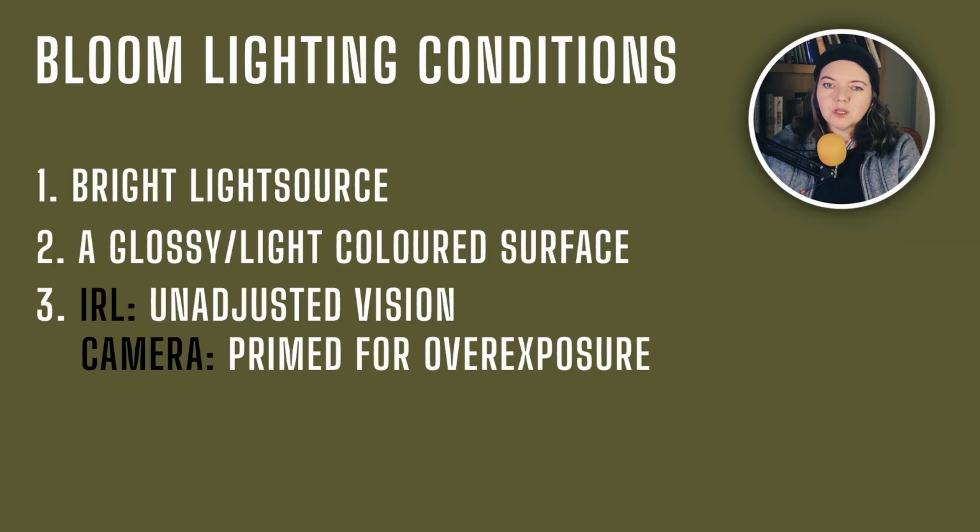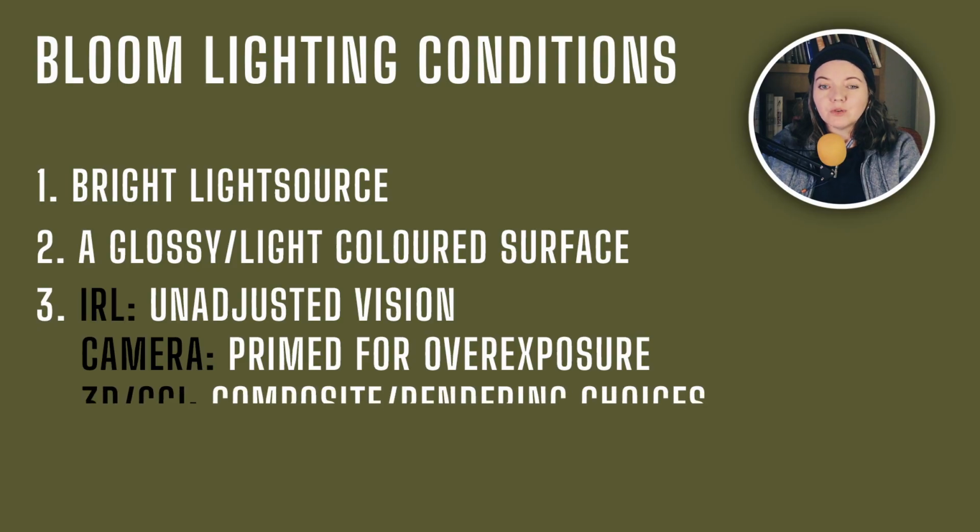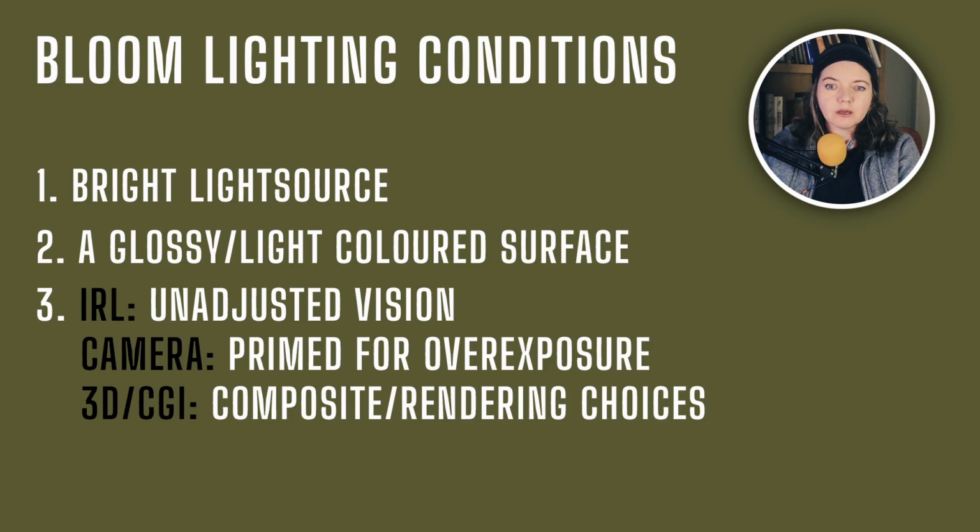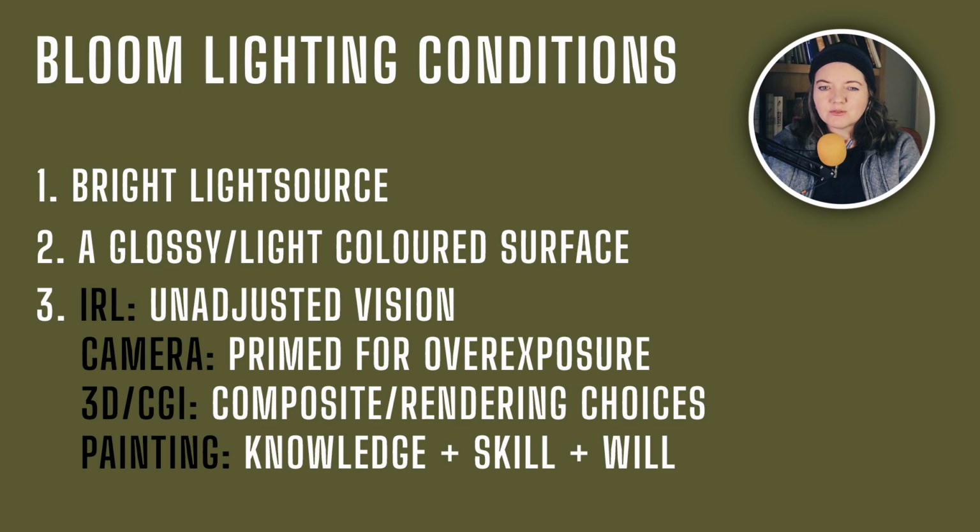In photography, it's because the camera settings are primed for overexposure. In 3D or CGI, it'll be because of post processing via choices you make in compositing and rendering. And in painting, it's really just down to the artist's knowledge of what it's supposed to look like and the skill and will to get it done.